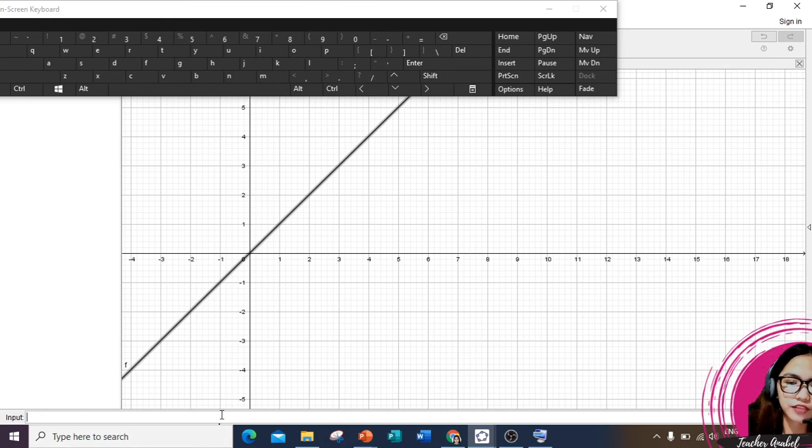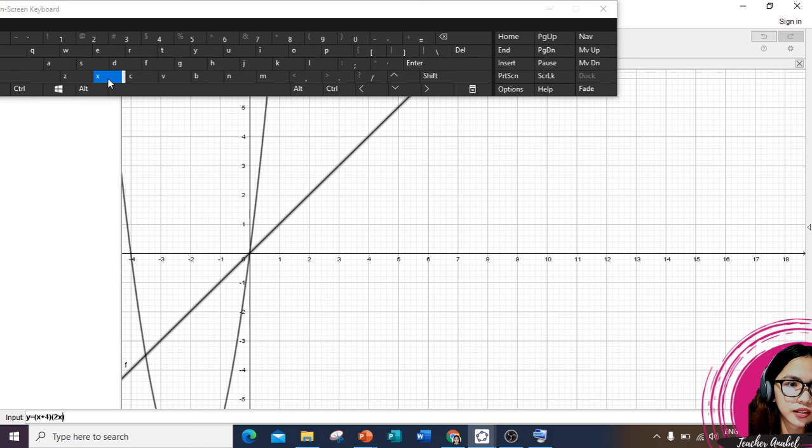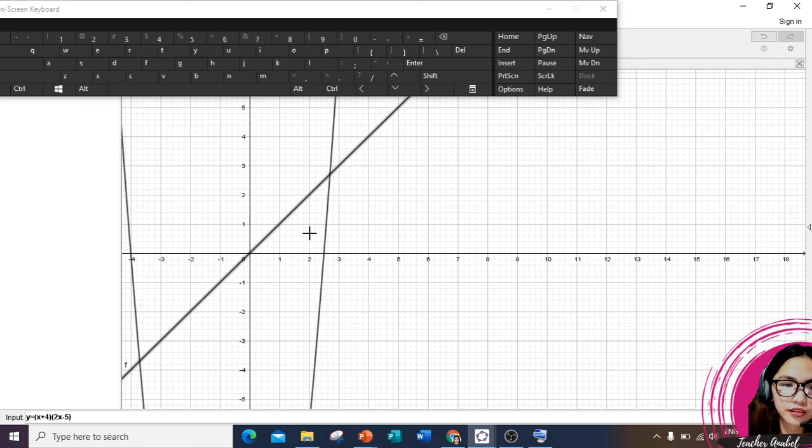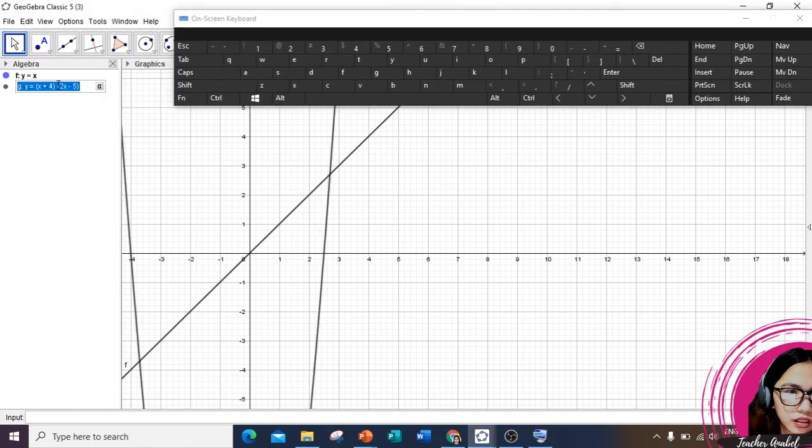Then, yung first function natin, y equals. So, again, we have to enclose in parentheses, no? That's x plus 4, and then 2x minus 5. No, it should be divide, sorry. Dapat divide.